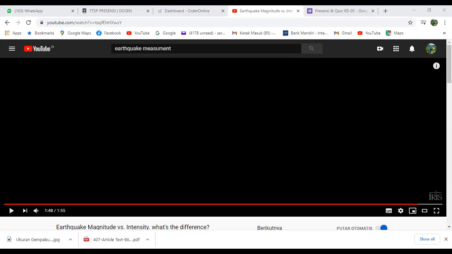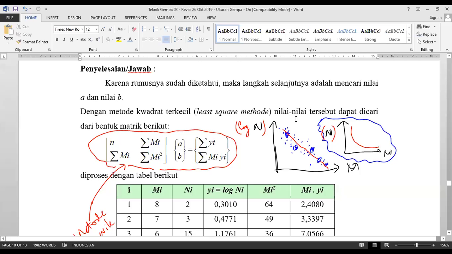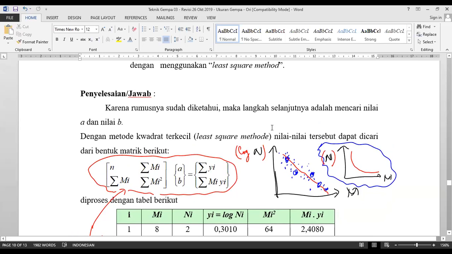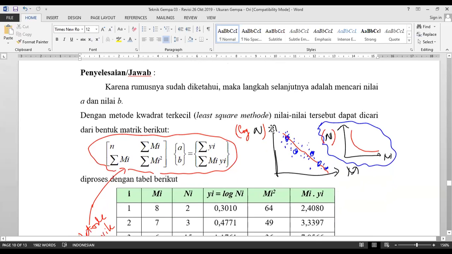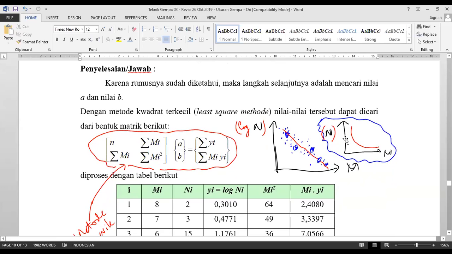Here, for a place, there's a relationship, a graph of the relationship between magnitude and the number of earthquakes, the frequency.